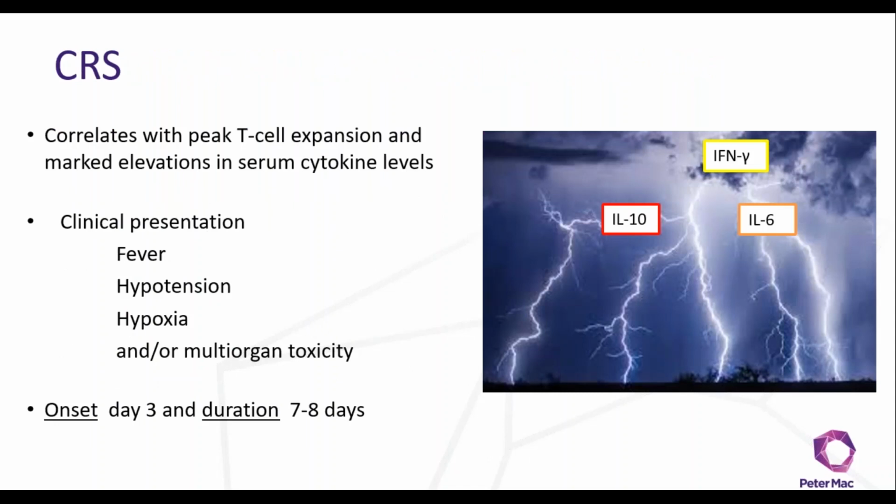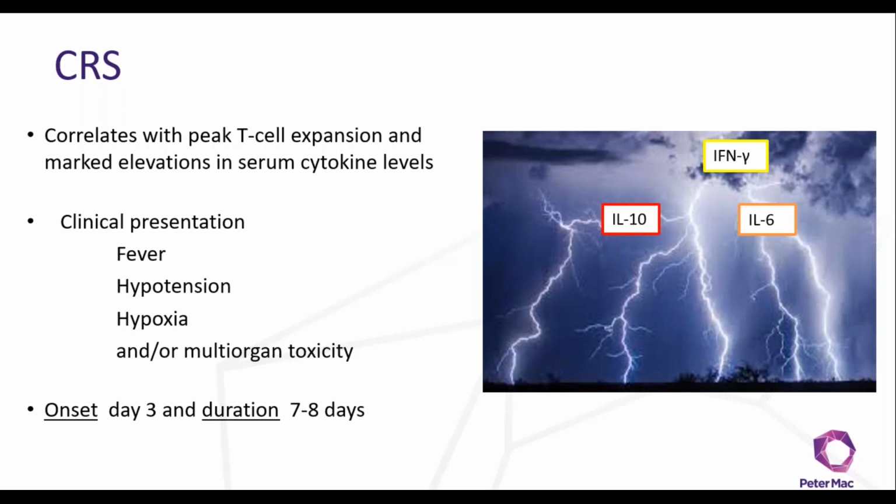So why does it happen? What's the cause? So as the cells are infused, it's that peak expansion of these T cells, okay? And we want that peak expansion, but it just leads to toxicity, okay? And as a result, you get really high levels of serum cytokines in your bloodstream. We don't actually draw blood and assess them, but in the clinical trials, they looked at that expansion and those levels, okay?